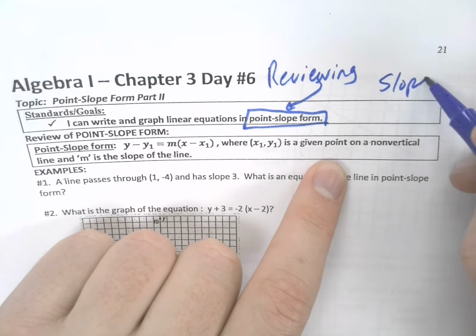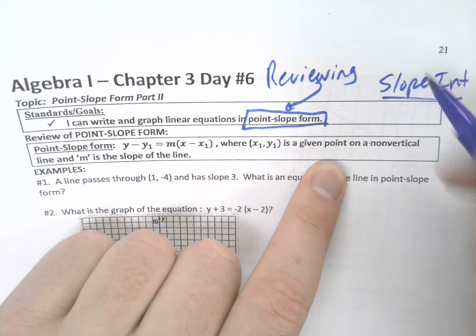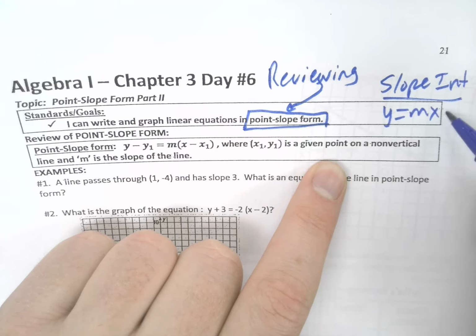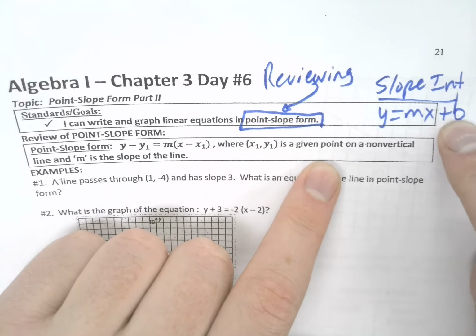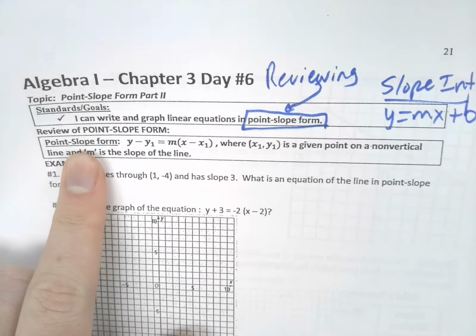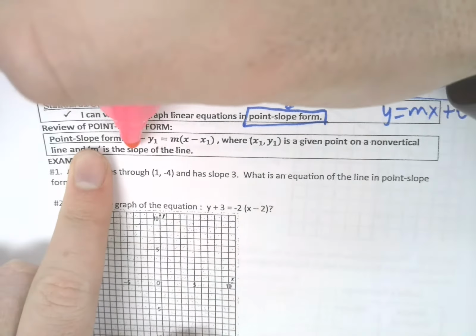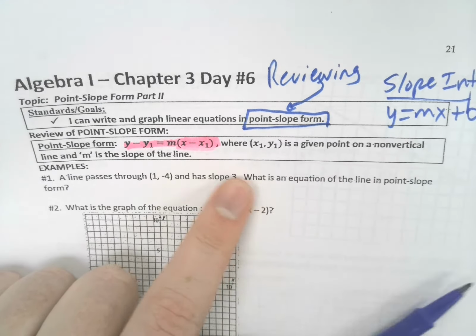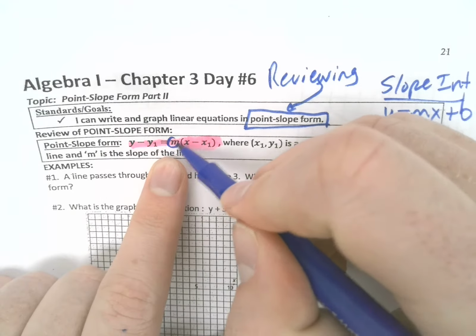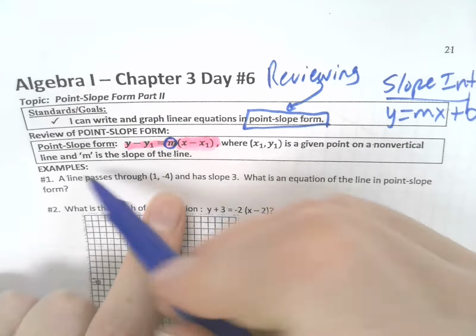So just as a reminder, with slope-intercept you've got y equals mx plus b. It gives you the slope and the y-intercept. Point slope is a little bit different: y minus y1 equals m times x minus x1. There are three key components here. There is the slope, m.